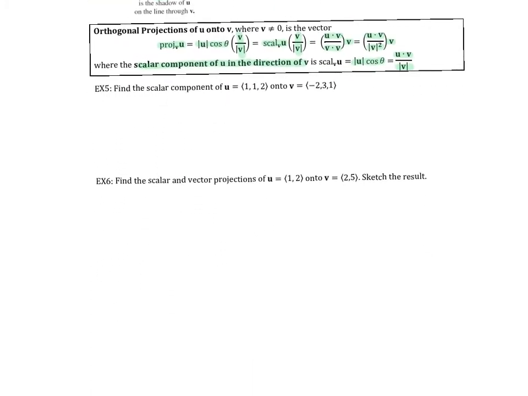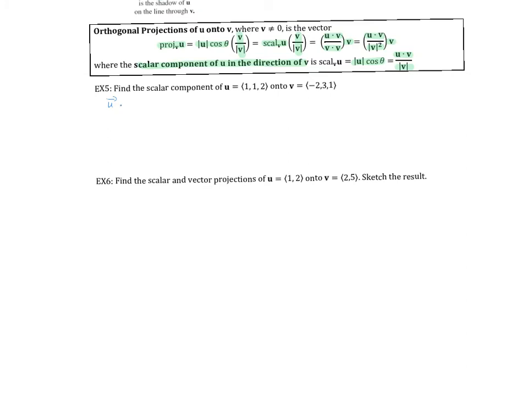All right, so let's do some computations. Let's find the scalar component of u with respect to v. So our u is 1, 1, 2. So it's u onto v. V is negative 2, 3, 1. So I'm going to use u dot v divided by the magnitude of v because I don't have theta and I don't want to figure it out.